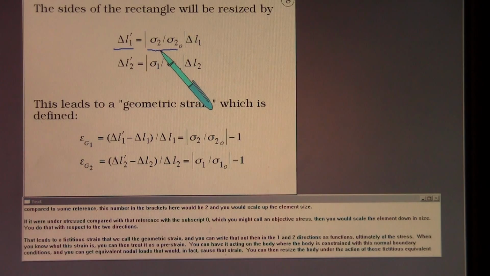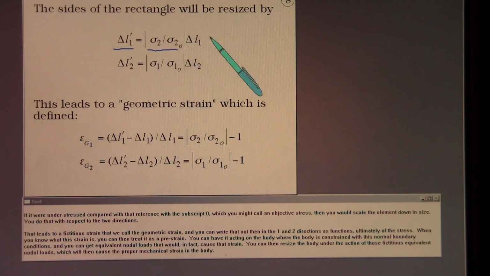Therefore, if you currently are overstressed by a factor of 2 compared to some reference, this number in the brackets here would be 2, and you'd scale up the element size. If it were understressed compared with that reference with a subscript 0, which you might call an objective stress, then you would scale the element down in size. So you do that with respect to the two directions.